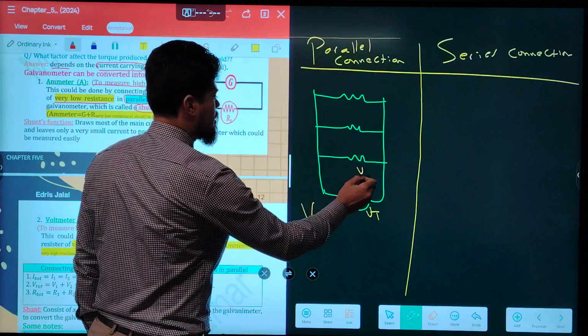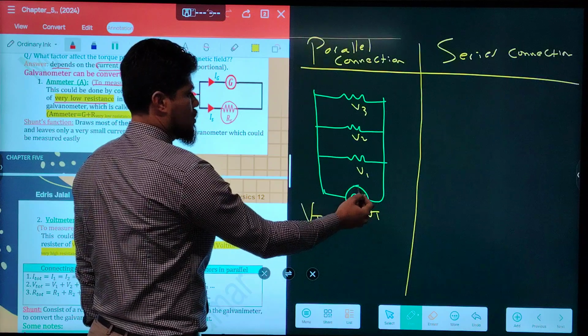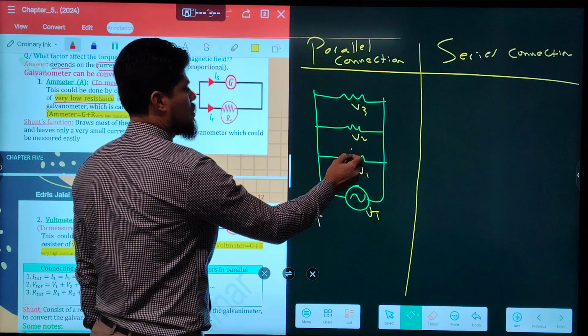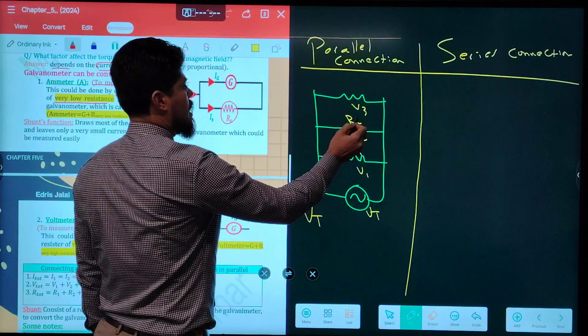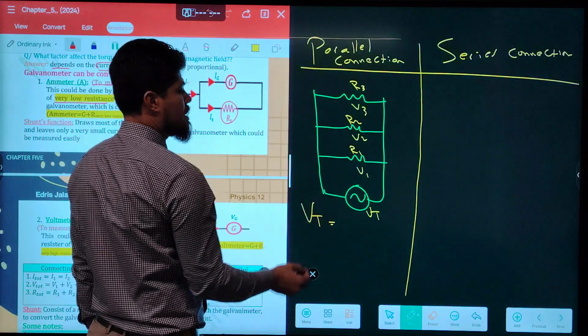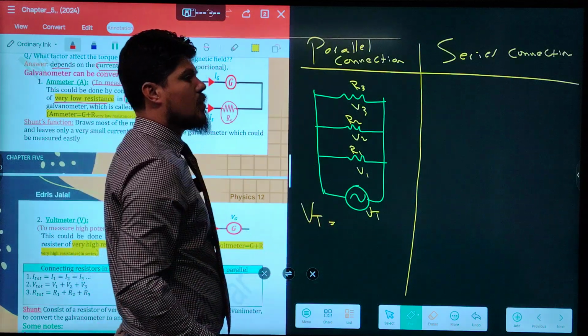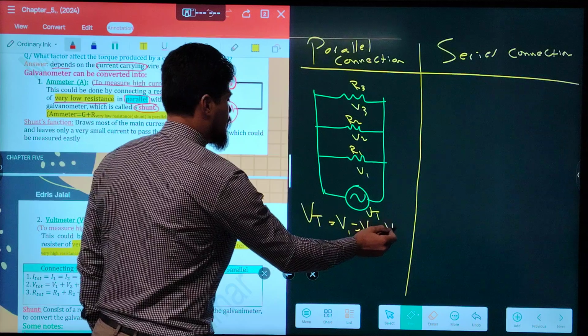This is V total, this is V1, V2, V3. This is the potential difference across the source. This is the potential difference across resistor R1, across R2, and across R3. In parallel connection, the potential differences are equal. V total is equal to V1, which is equal to V2, which is equal to V3.